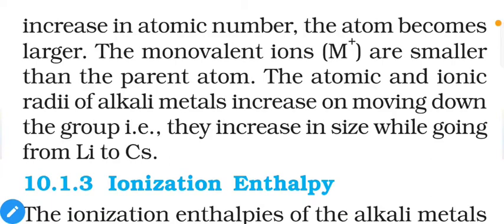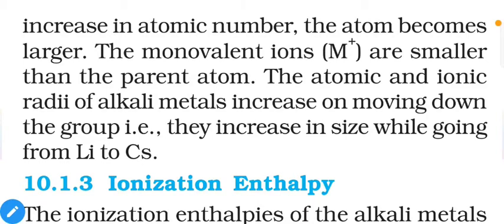So for metallic elements, their atoms are larger than their ions, and for non-metallic or electronegative elements, their atoms are smaller than their ions because they accept electrons. By accepting electrons, their sizes will increase. By donating or losing electrons, sizes of positive ions shrink.